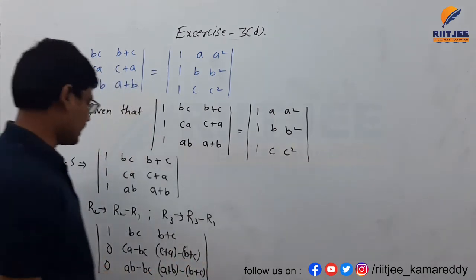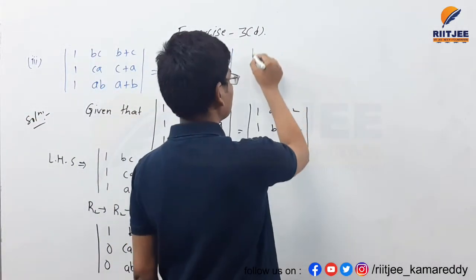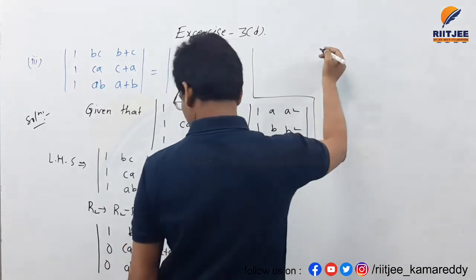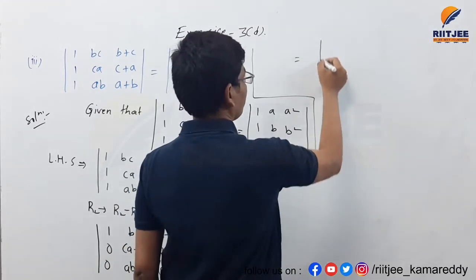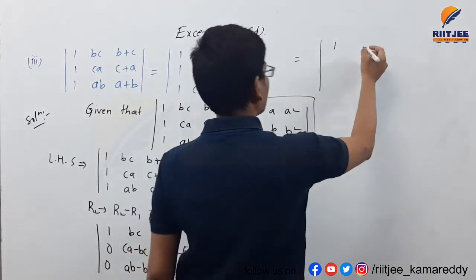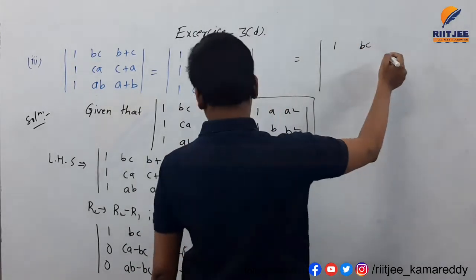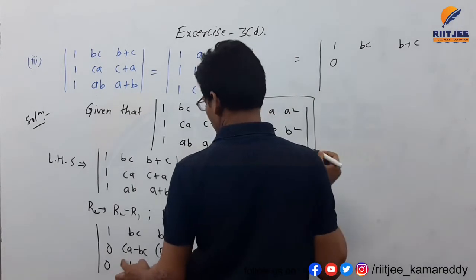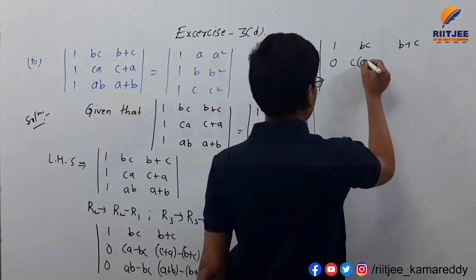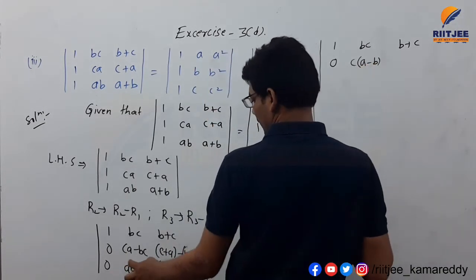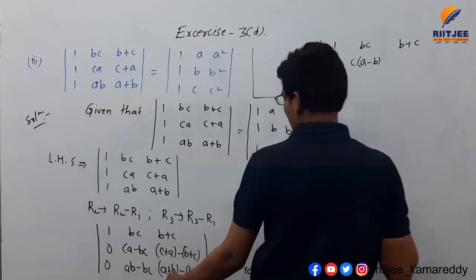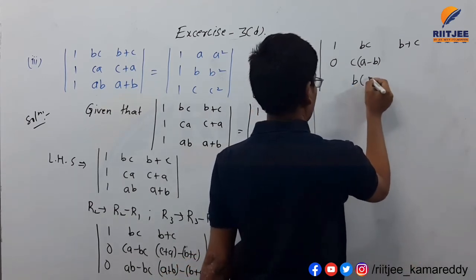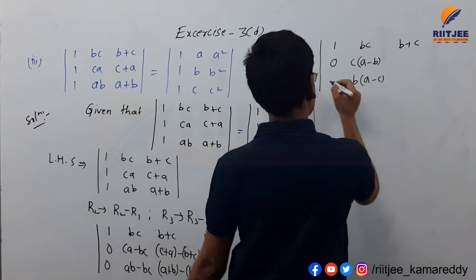And for this determinant I am writing here modulus of 1, BC, B plus C; 0, and I am taking C as common here. If you take C as common, A minus B here, A minus B. I am taking B as common here, B is A minus C here, and this is 0.